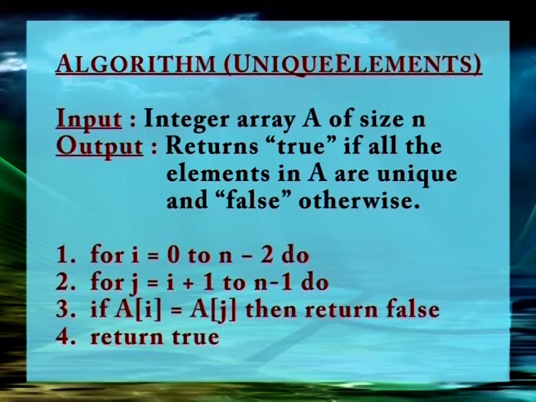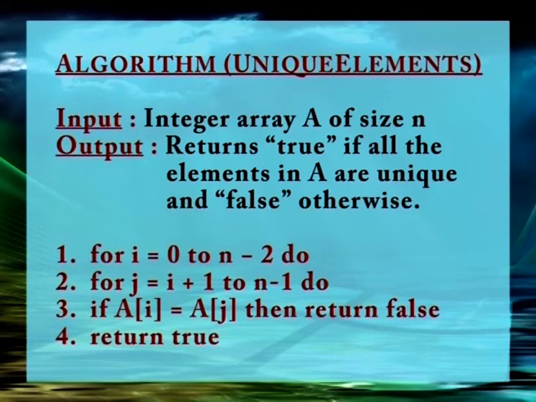As we can see in the algorithm, the outer for loop runs n minus 1 times, from 0 to n minus 2. Each time the outer loop is executed, the inner loop is executed as follows. First time i is equal to 0, j grows from 1 to n minus 1, and the inner loop is executed n minus 1 times.